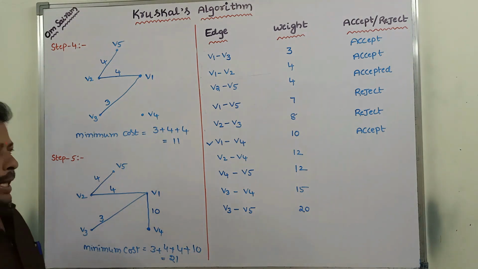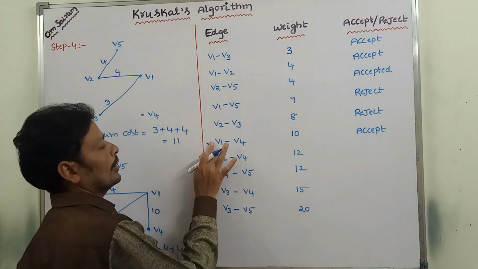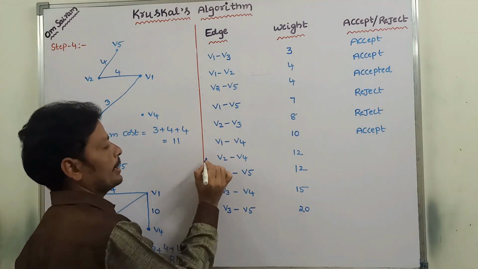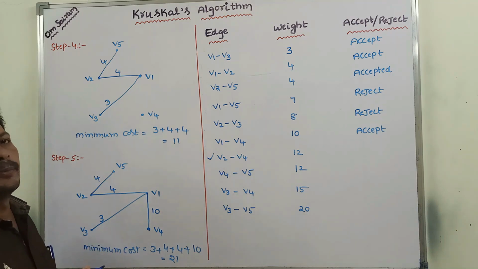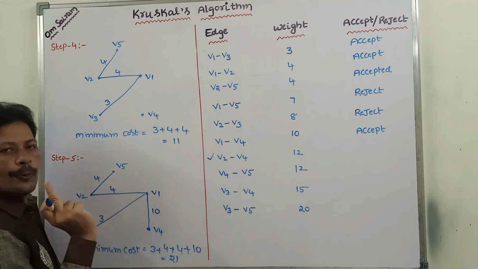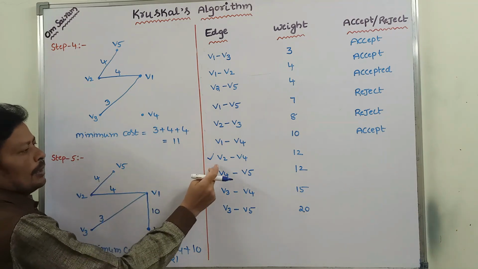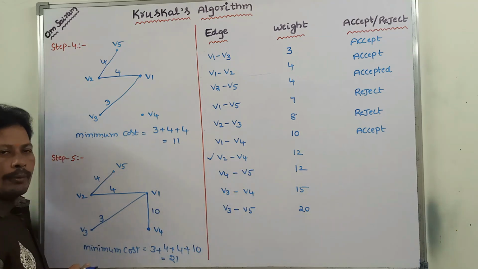Okay. Next, the next minimum weight edge is V2 to V4. Its weight is 12.